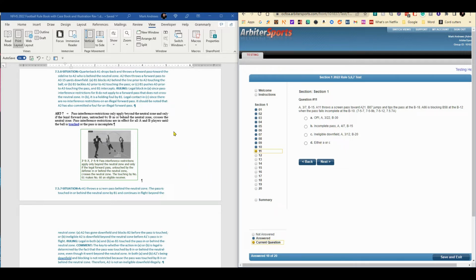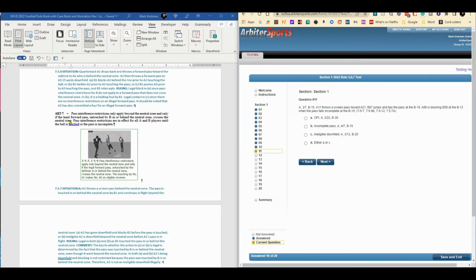Well, the first rules reference is 7-5-7, which says pass interference restrictions only apply beyond the neutral zone. Remember that, new guys, remember this. Pass interference cannot be committed behind the line of scrimmage, on A's side of the line of scrimmage, okay?